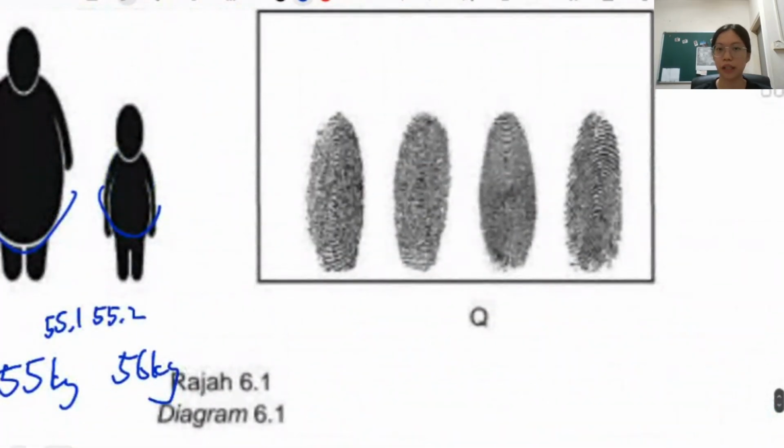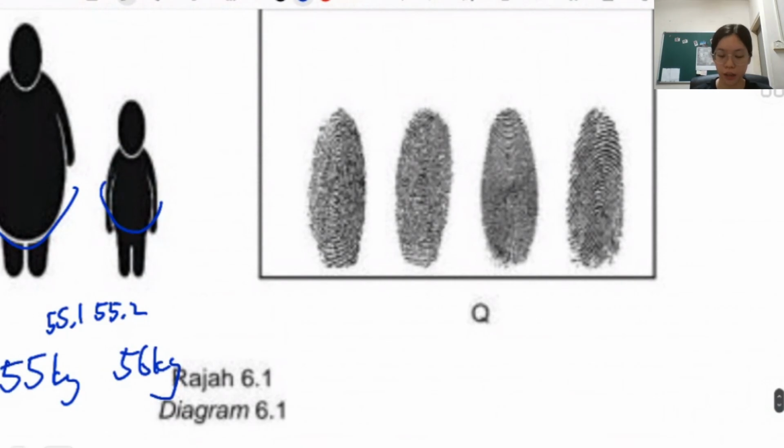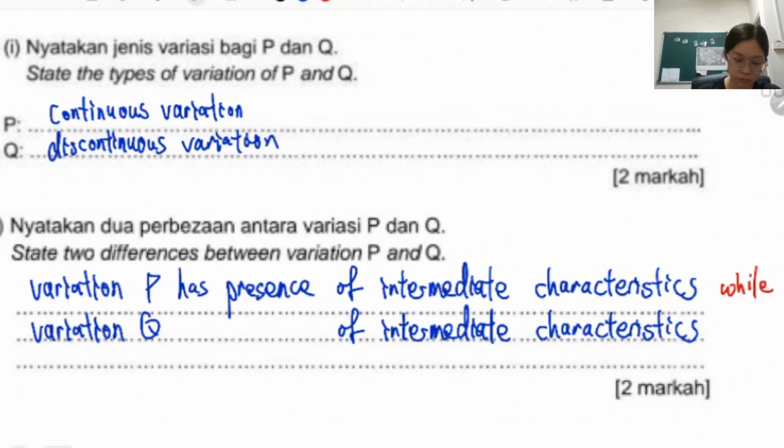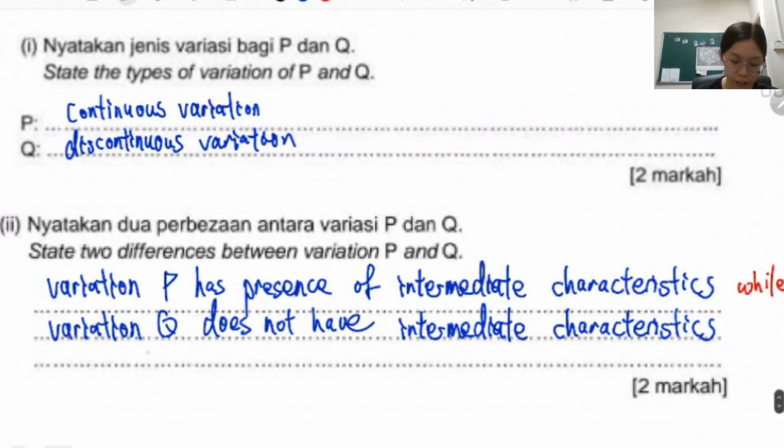So there is a presence of intermediate characteristic. You take a look at fingerprint pattern, is there an intermediate characteristic? No, right? So when you're comparing, remember to write the keyword while or whereas. Variation Q does not have intermediate characteristic. And another thing you can also mention is that variation P is influenced by, okay, your height, your weight.